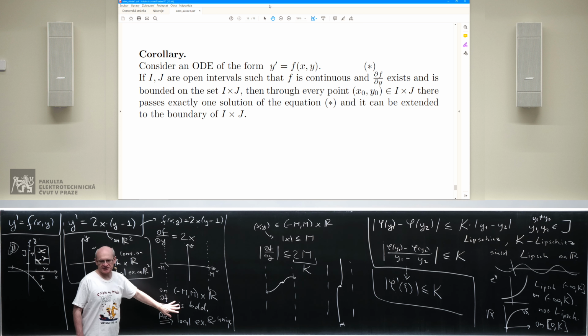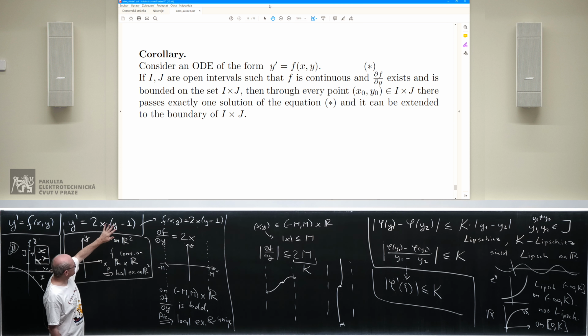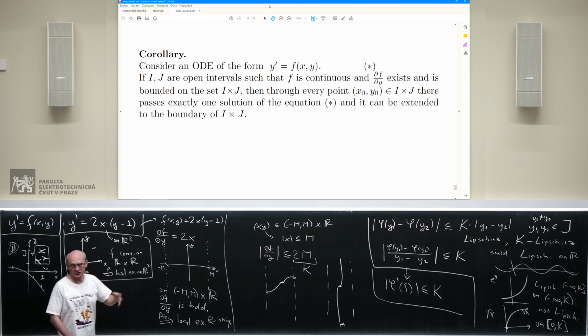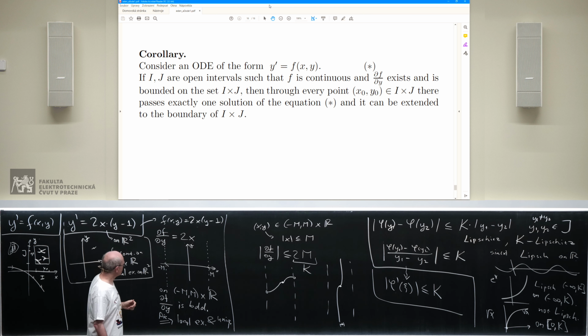This was the first stage, as I said, direct application of the Picard theorem. But now let's ask ourselves a key question. I have the plane here, and there are no restrictions. So potentially, there are solutions passing through every point. After all, the Peano theorem says so. Every point in R square is a host to a little local solution.